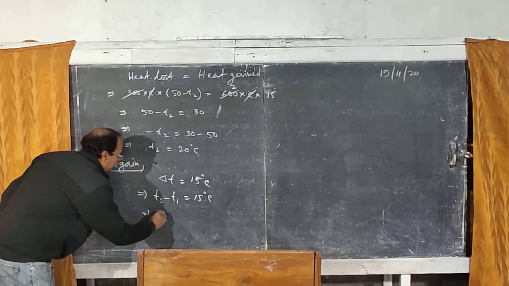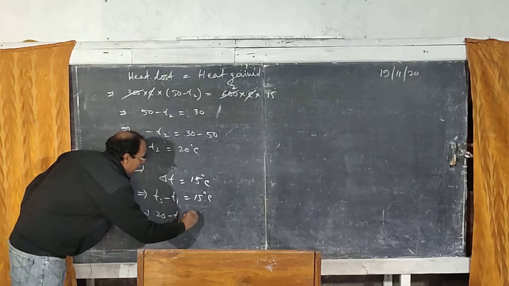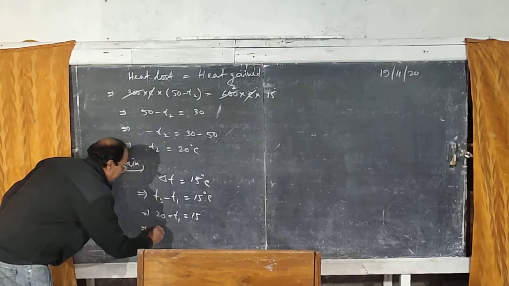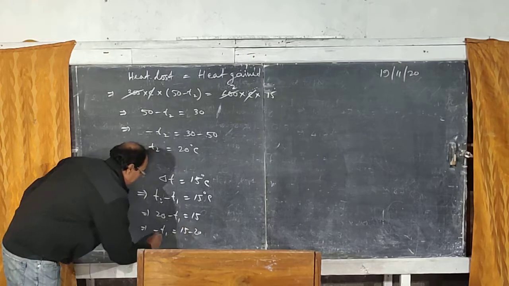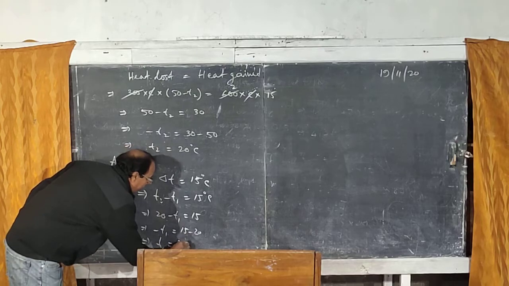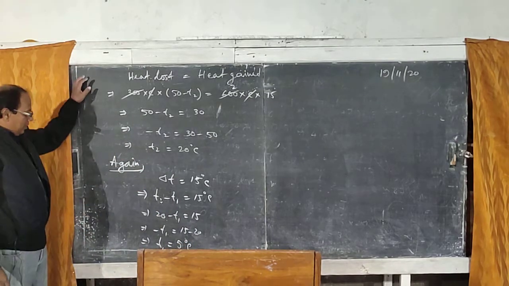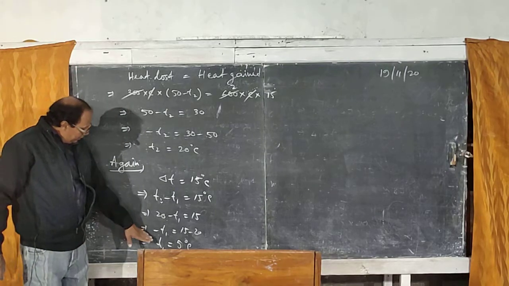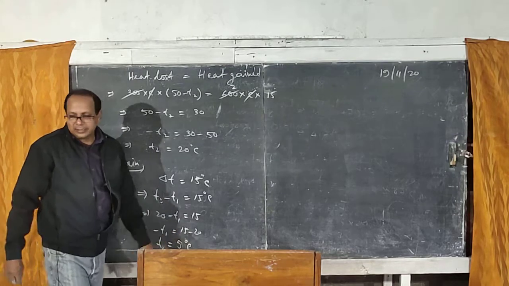Put the value of T2: 20 minus T1 is equal to 15, then minus T1 is equal to 15 minus 20, the last line T1 is equal to 5 degree Celsius. This is your answer for question number 12. So the initial temperature of cold water is 5 degree Celsius.